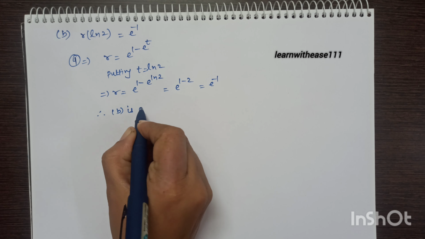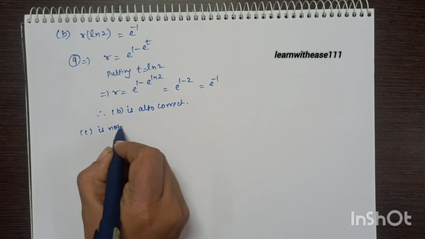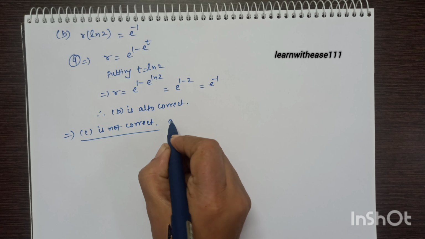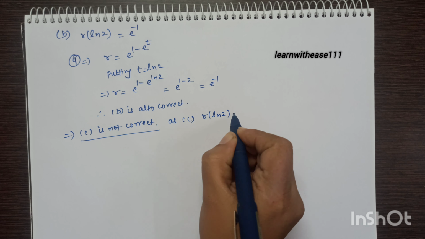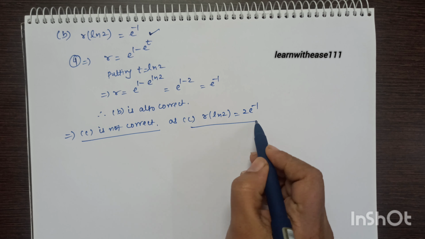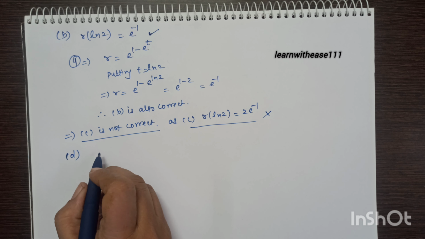This will be r is equal to e to the power minus 1. So B is also correct. C cannot be correct because C is giving a different value at ln 2. R at ln 2 is equal to 2 e to the power minus 1. This is not true when B is true.